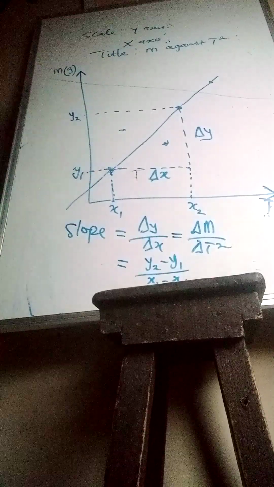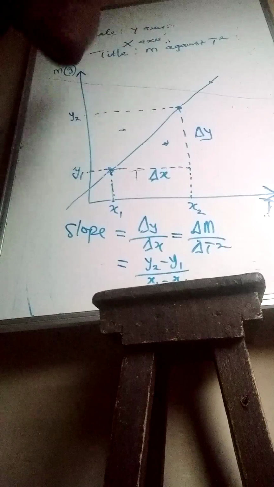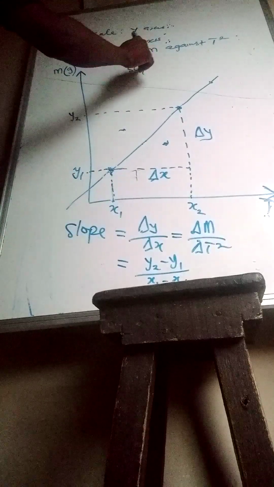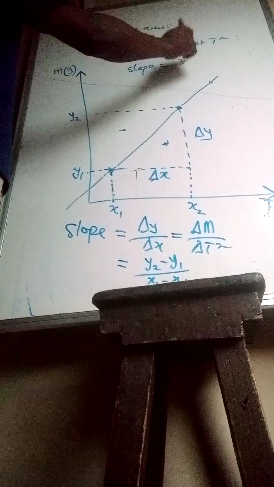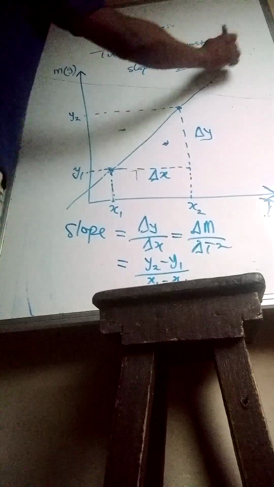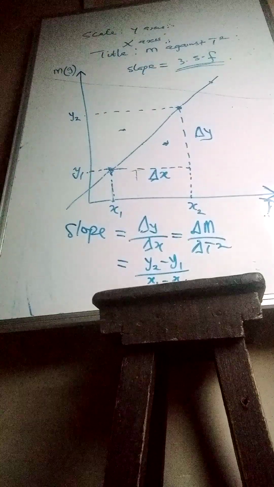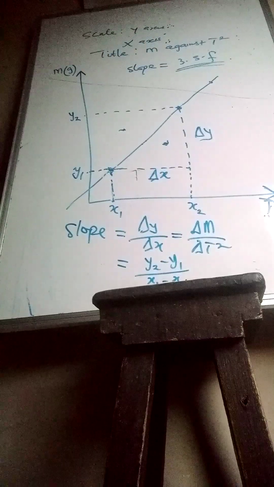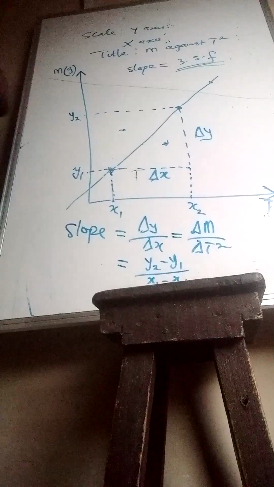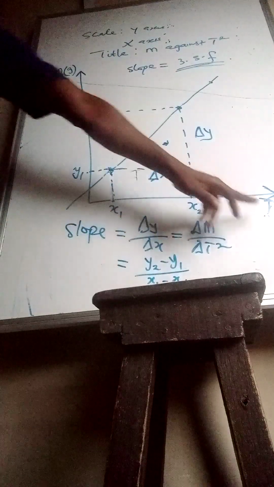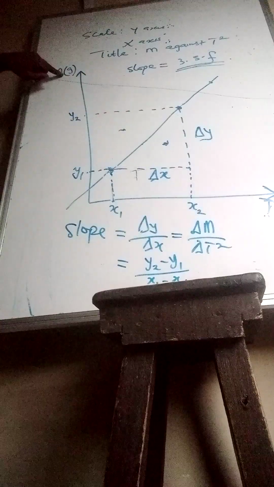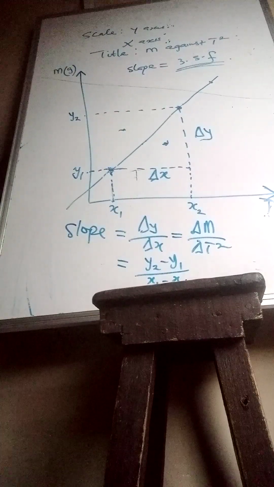Finally, when you get the value for your slope, it must be in 3 significant figures. Please take note of that. Your slope may have a unit, may not have a unit, depending on what you have on the vertical and horizontal. For example, in this case, mass is on the vertical, which is in grams.